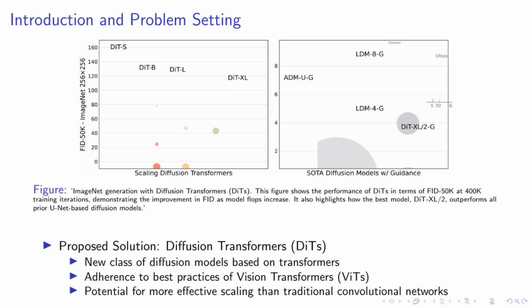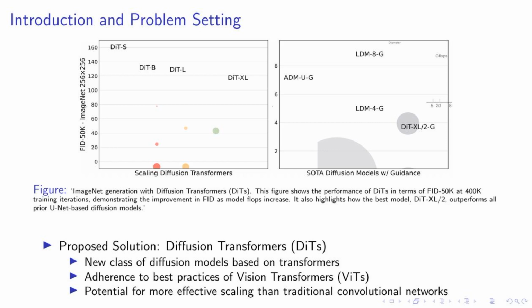In our quest to improve diffusion models, we've proposed a new solution, diffusion transformers or DiTs for short. These are a new class of diffusion models that are based on transformers. They adhere to the best practices of vision transformers or ViTs, which have been shown to scale more effectively for visual recognition than traditional convolutional networks. Now let's take a look at this figure.